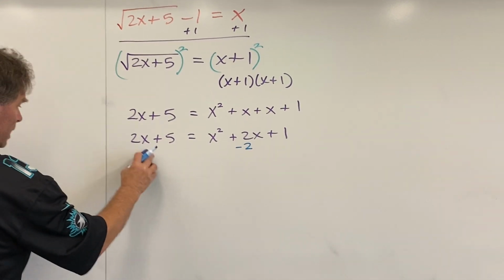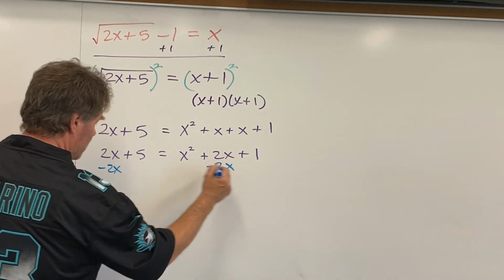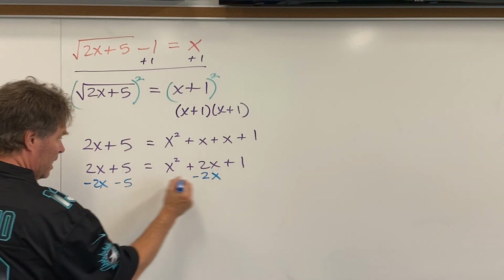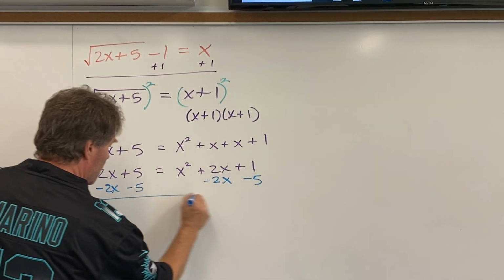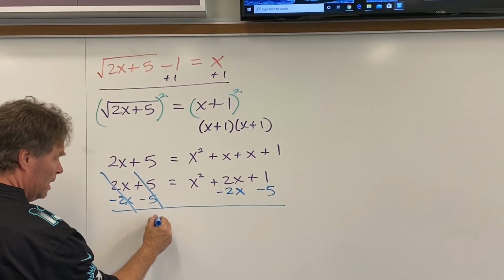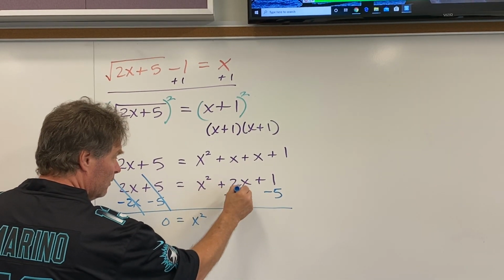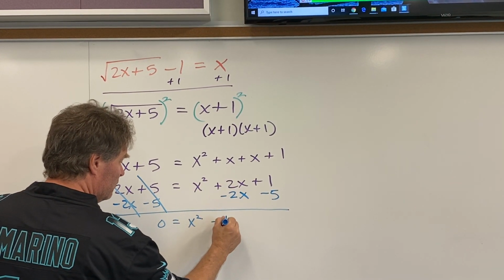It's minus 2x. Minus 2x, minus 2x, and then minus 5, minus 5. Remember, my goal is to wipe out this side and leave a positive in front of my square term, and I get 0 is x squared. These guys cancel, minus 4.